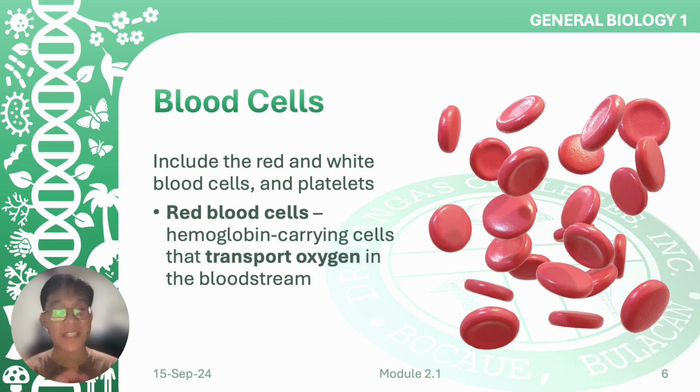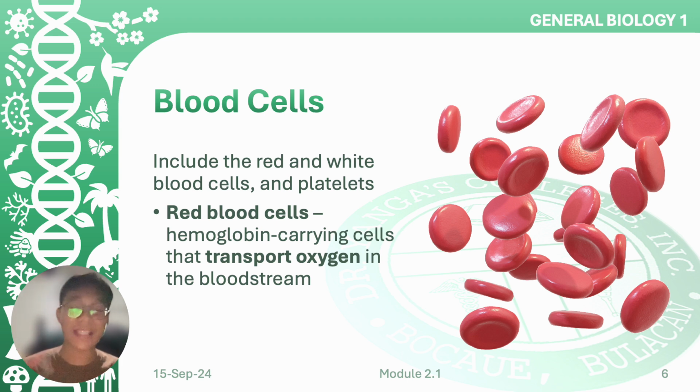Hemoglobin is a type of protein that has iron in it, and that iron easily attracts oxygen. When blood is oxygenated, the reaction between the iron and the oxygen will cause the reddish coloration. So the red color of the blood is due to the hemoglobin that interacts with oxygen.